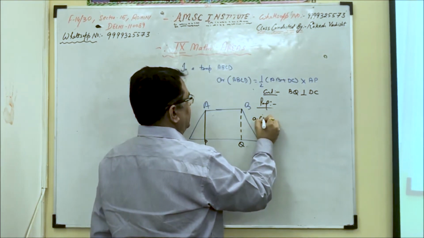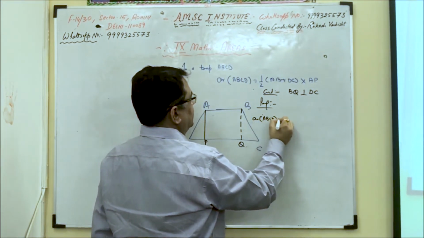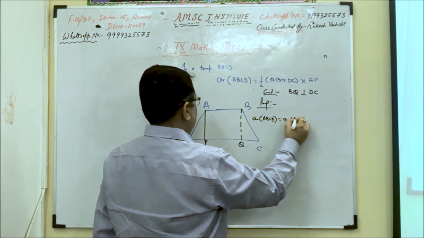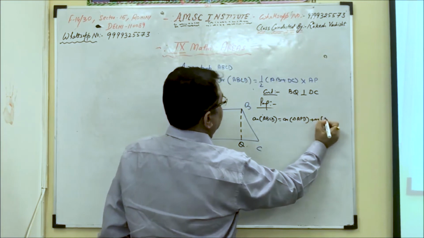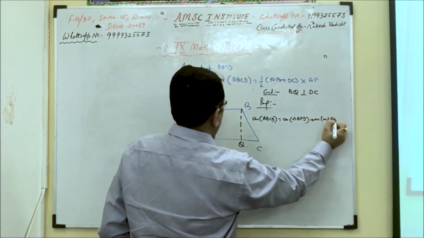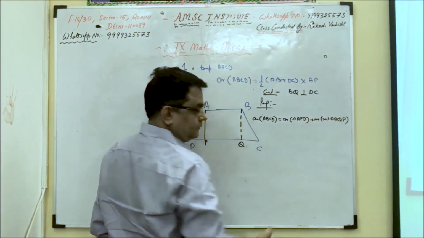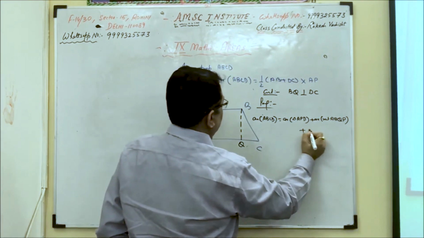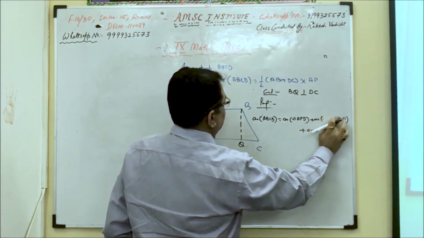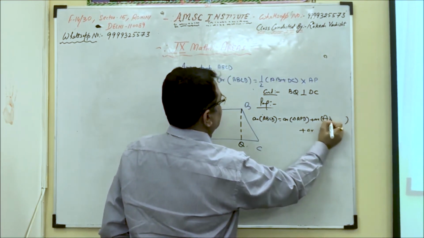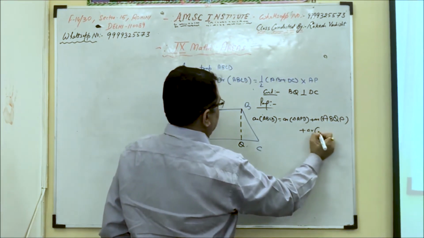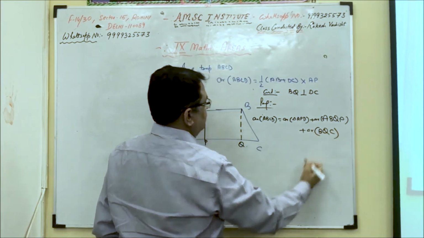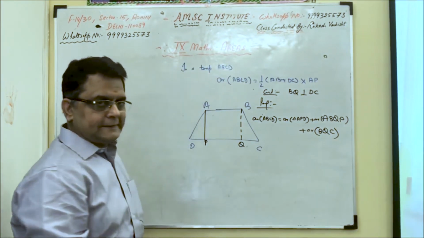Now, area of ABCD is what? It is the area of triangle APD plus area of rectangle ABQP plus area of triangle BQC, right?